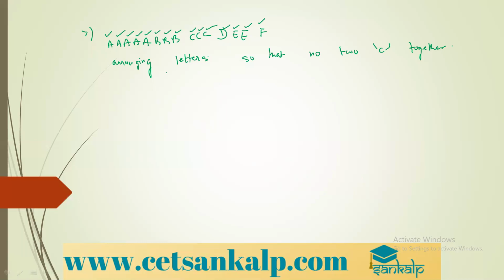So what I will do, I will arrange these 15 letters. But because they said no 2 C's are together, leave these 3 C's. You will have 15 minus 3 letters, that is 12 letters.